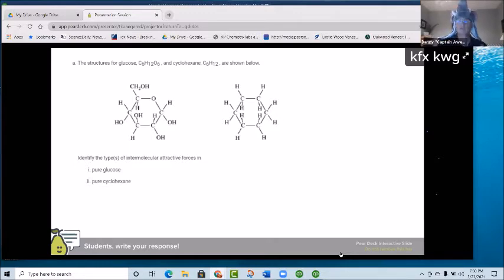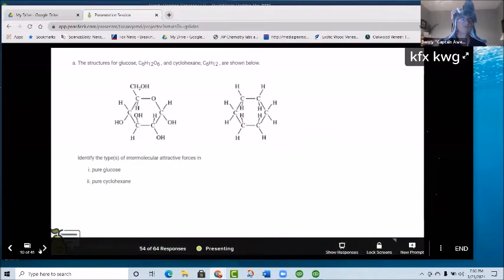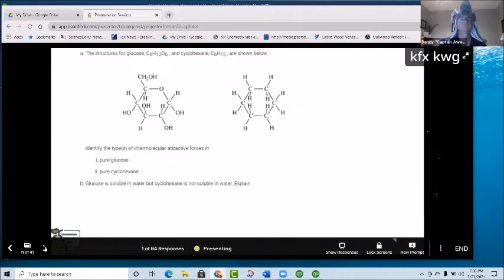So pure cyclohexane, remember I told you, is a hydrocarbon, and hydrocarbons only have those LDFs, those London dispersion forces. Whereas the molecule on the left, the glucose, will have dipole-dipole forces. It will have London dispersion forces, and it will also have hydrogen bonds.